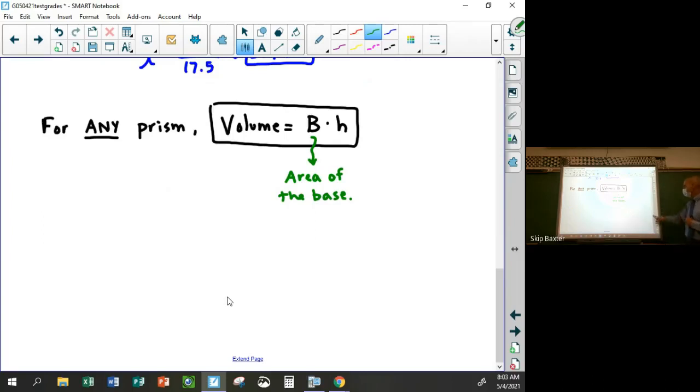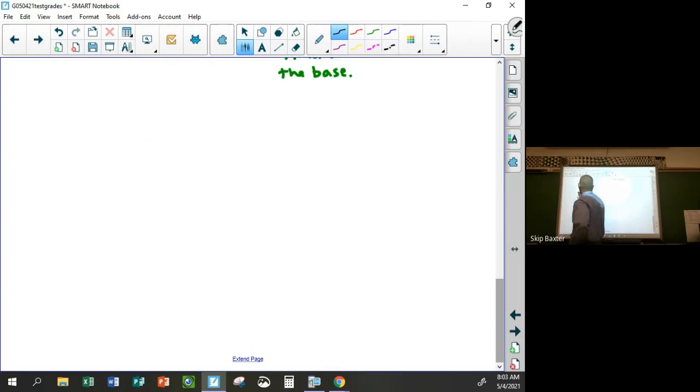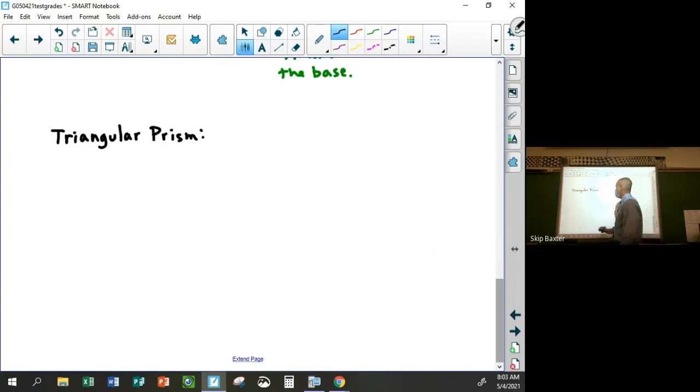So if they gave you a picture, suppose they gave you a triangular prism, okay? Let's draw it on its side.